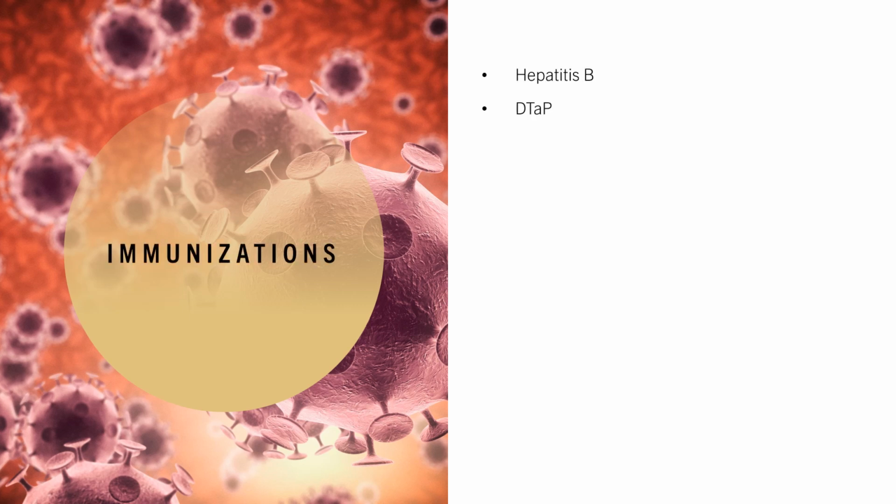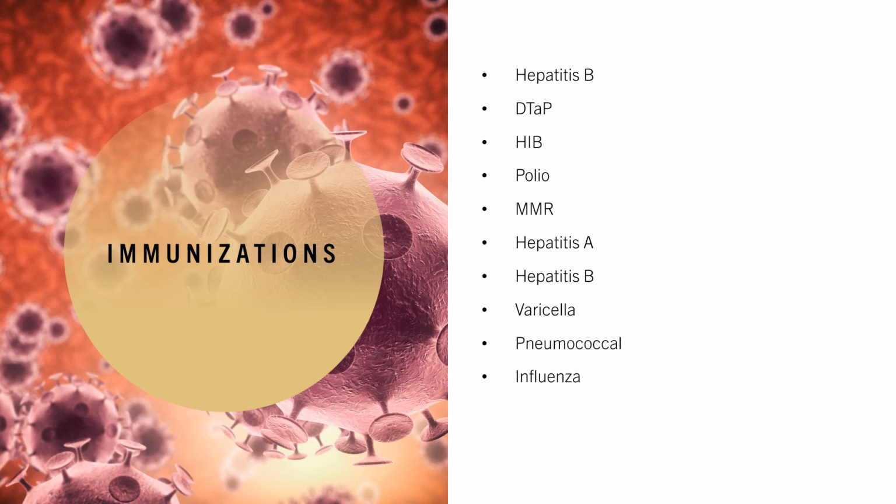Okay, so these are some of the vaccines. There's a gajillion. You guys have all heard that we give, and some of you may have already done it, hepatitis B at birth. Oh, I've got hepatitis B on here twice. We give DTaP to kids under age 7.